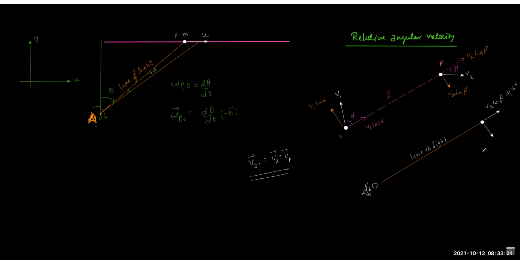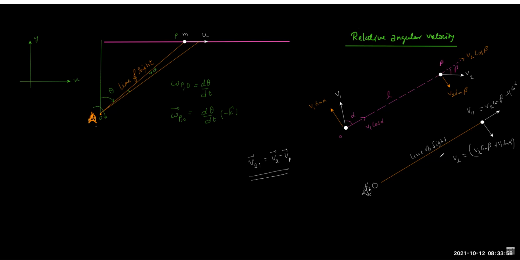So this entire component becomes V2 sin beta plus V1 sin alpha. We always add the velocity in the opposite direction, so it will add up like this. Now this entire thing I call V parallel, because that's parallel to the line of sight, and this entire thing is called V perpendicular.